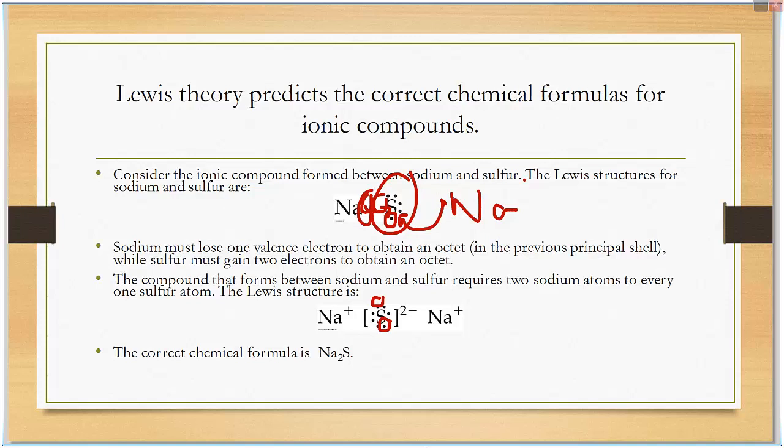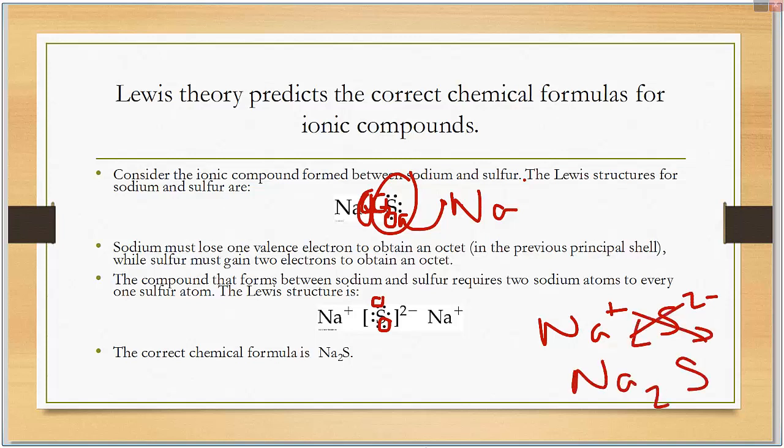And that's why we need 2 sodiums when we did the crisscross. Na+, you may remember doing this. Crisscross it to be Na2S. And so the correct formula is Na2S because of those differences in sharing the electrons and trading the electrons.